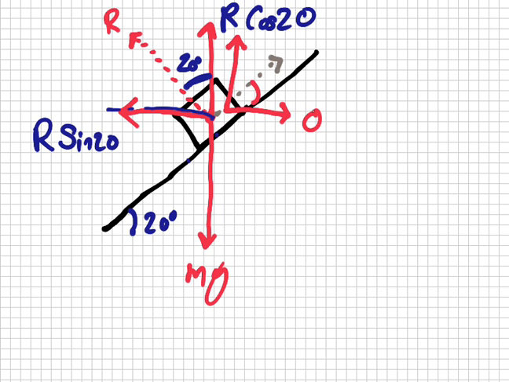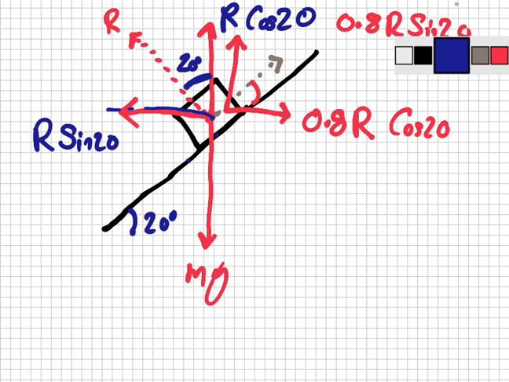Okay, who knows what this angle here is? It's 20. So this would be 0.8R, because that's the friction, mu R cos 20. And then this one up here would be 0.8R sin 20.